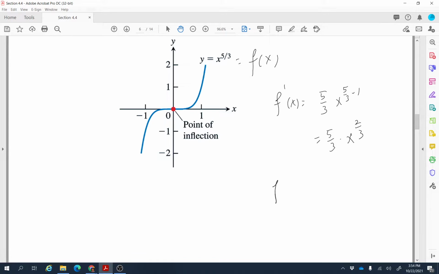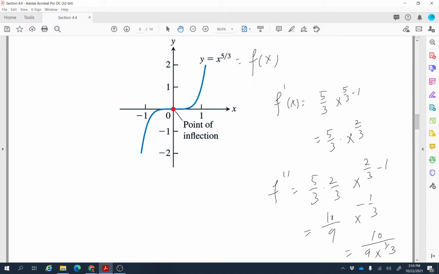The second derivative will be 5 over 3 times 2 over 3 times x to the power 2 over 3 minus 1, which is 10 over 9 times x to the power minus 1 over 3, which is 10 over 9 times x to the power 1/3 in the denominator.